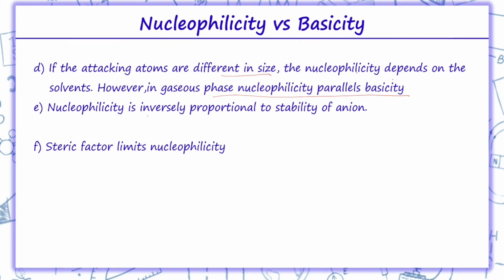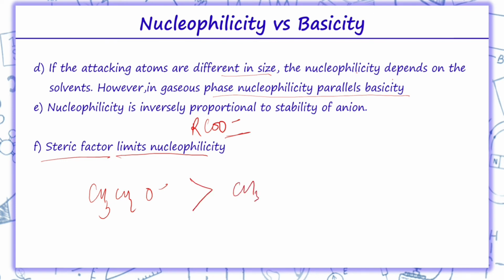Then nucleophilicity is inversely related to the stability of the ion. Like RCOO minus is a weaker nucleophile as it is resonance stabilized. Then the steric factor limits nucleophilicity, as we can see over here CH3CH2O minus is more nucleophilic as compared to (CH3)3CO minus.